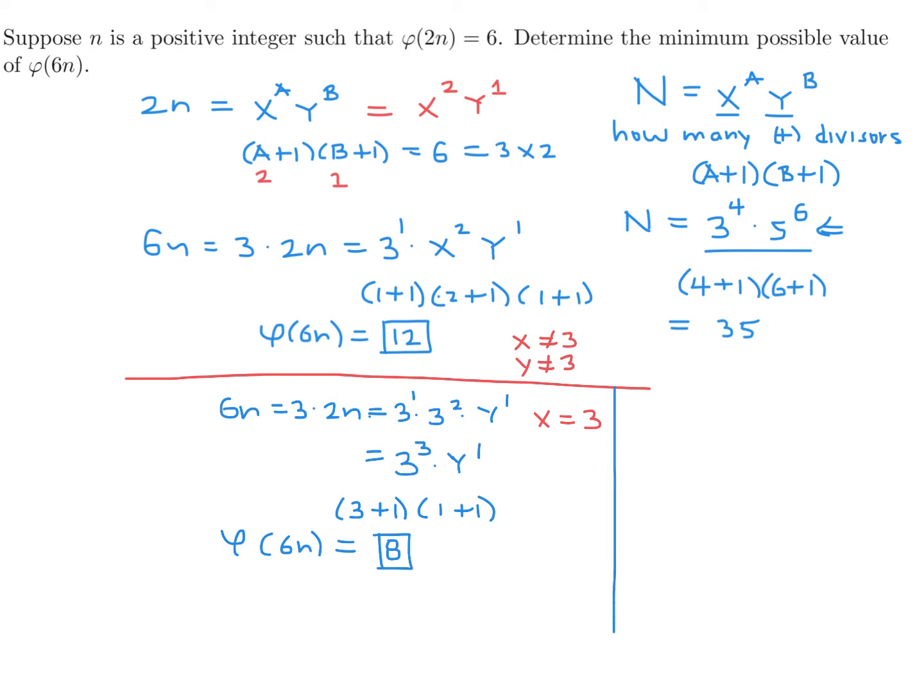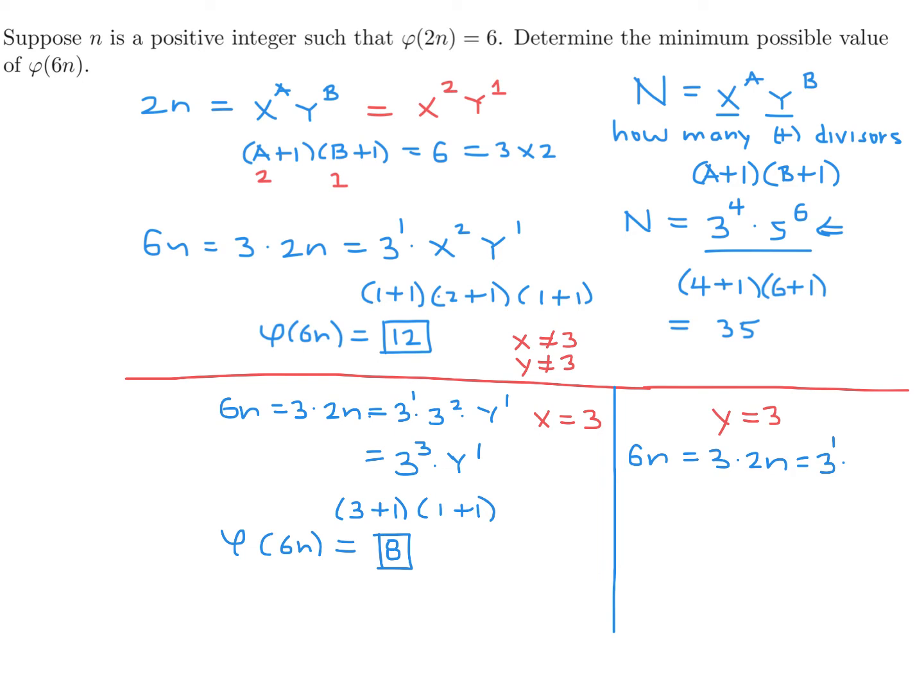Okay, let's keep going here. What about the scenario if y is equal to 3? What happens then? Can I get a lower number than 8? Well, let's see. This time we have 6n, which is 3 times 2n, which is 3 times, well, 2n is this guy up here.